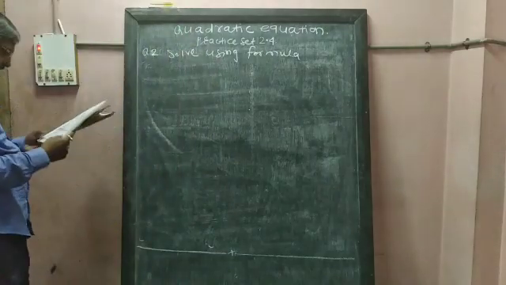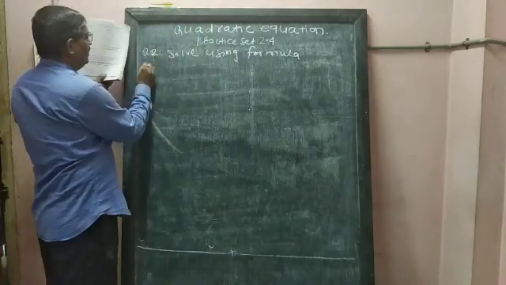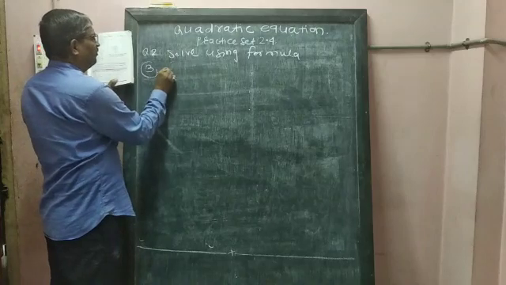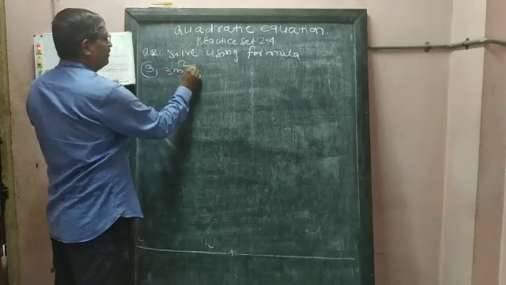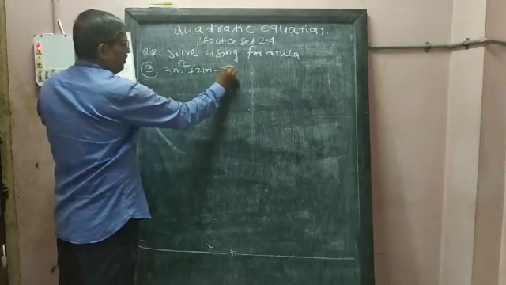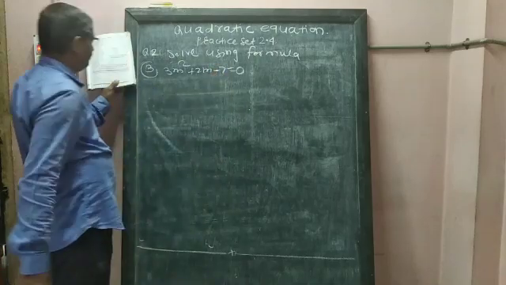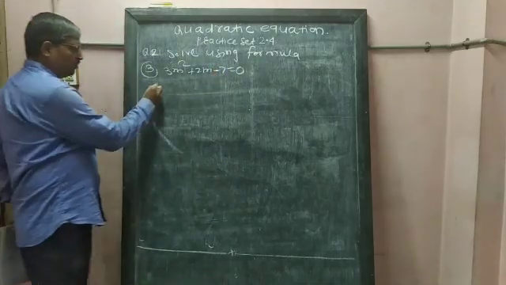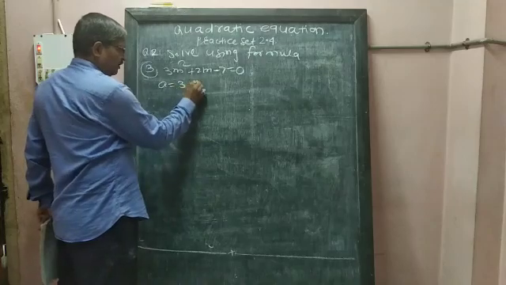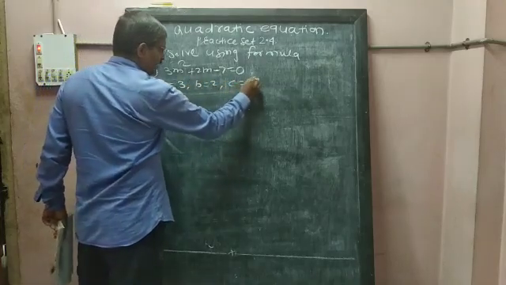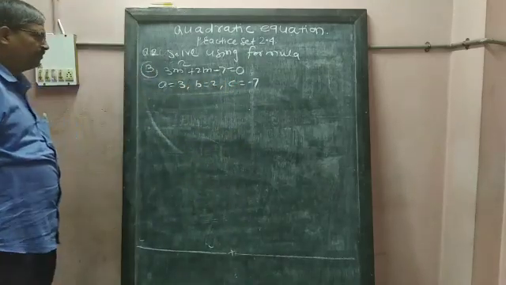Now question number 3 is very simple, in a similar way. 3m square plus 2m minus 7 is equal to 0. Now a is equal to 3, b is equal to 2, c is equal to minus 7.